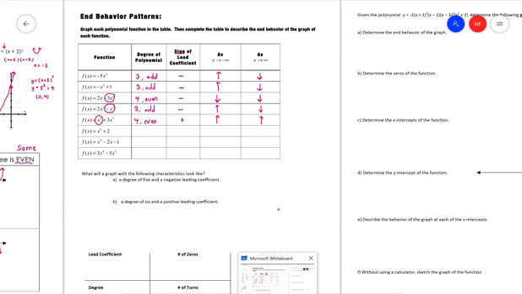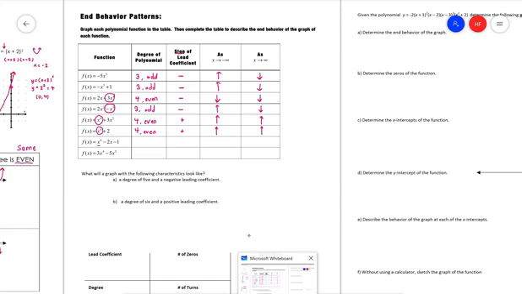On the next one, highest degree is what we're focusing on. Degree is 4, which is even, and it is positive because we don't have a sign up here in the front. So if it's positive, that means the last one is up. Even means they are the same.